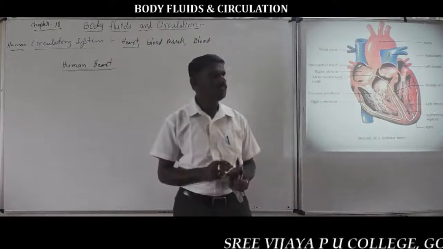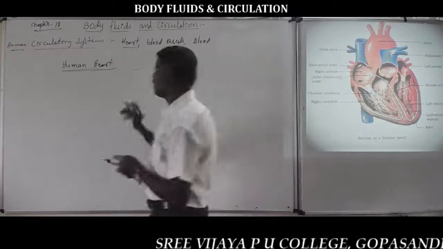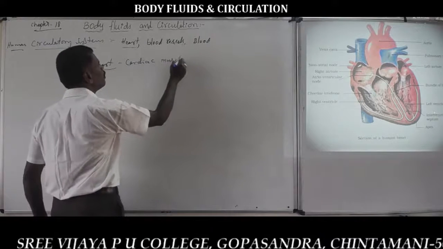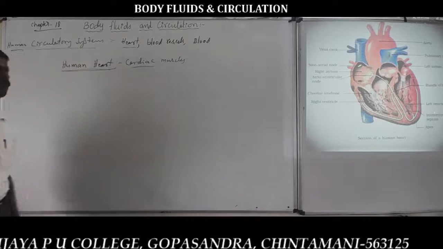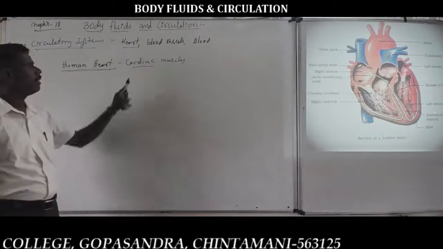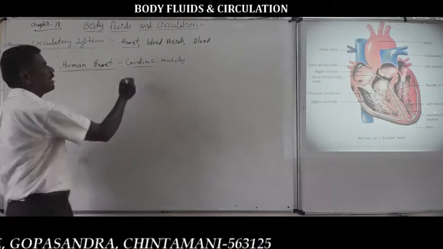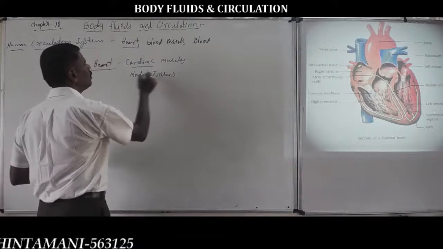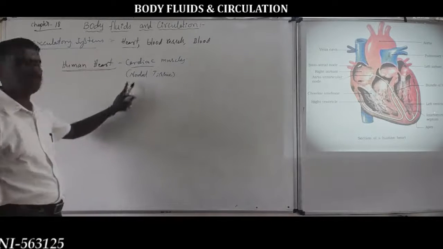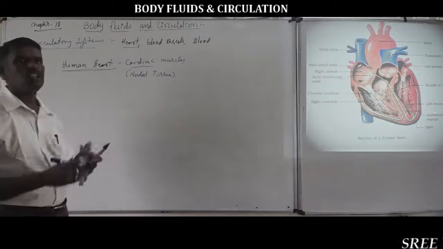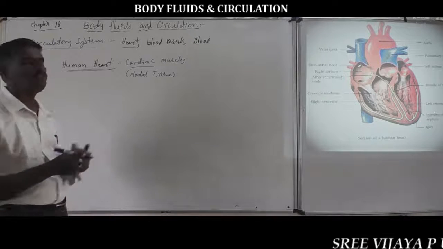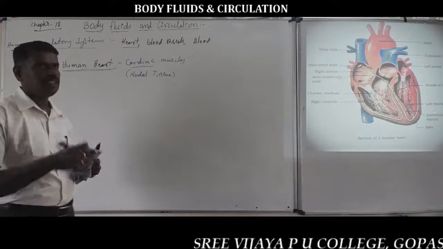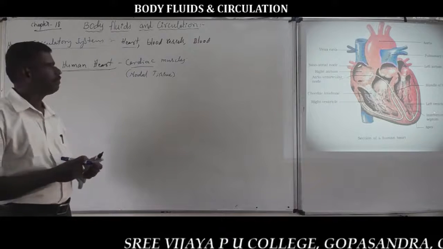The heart is made up of a special set of muscles called cardiac muscles, which are also called nodal tissue. The nodal tissue is involved in the formation of the entire human heart. There is also a layer called the pericardium.